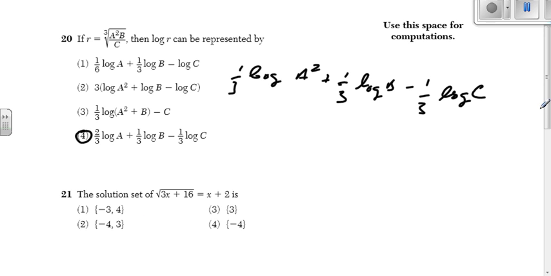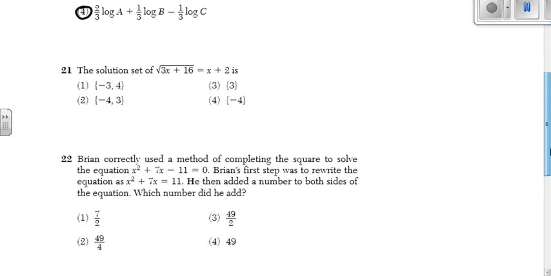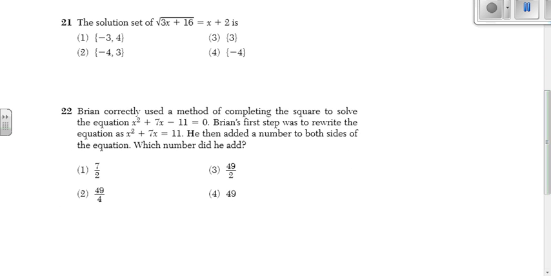Alright, solution set. For this, you have to square both sides. So we end up with 3x plus 16 equals x plus 2 squared. You know that x plus 2 squared is not x squared plus 4, but it's x squared plus 4x plus 4.